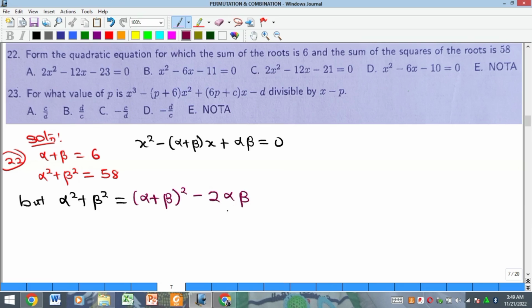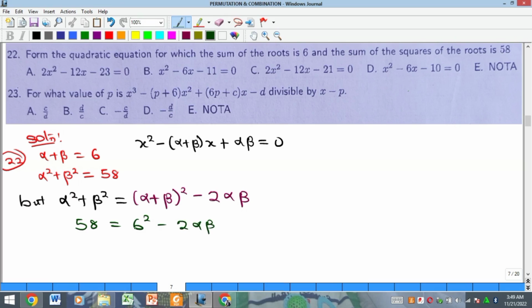And so all you need to do now is to substitute our values. I was given that alpha squared plus beta squared is 58, and so that's equal to (alpha plus beta), which is 6, squared minus 2 alpha beta.